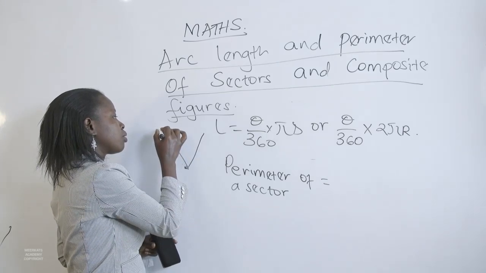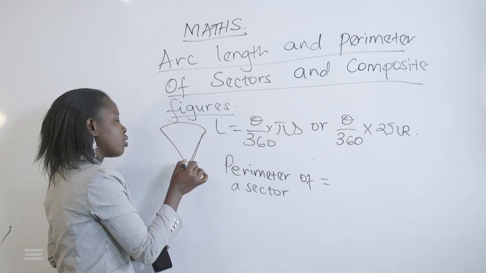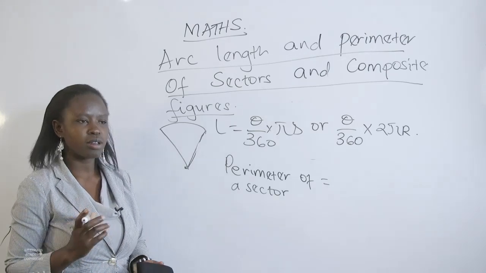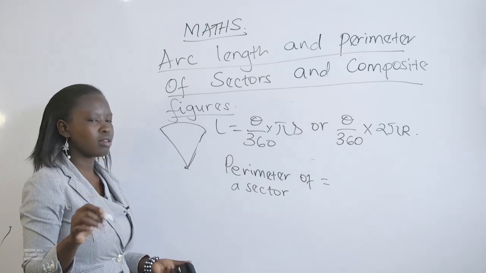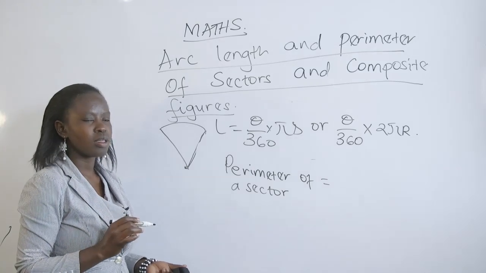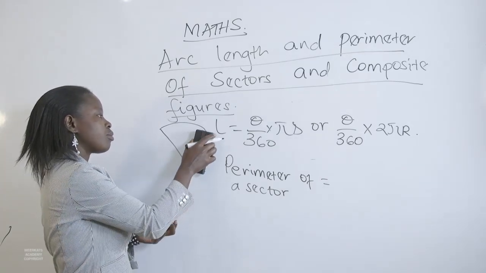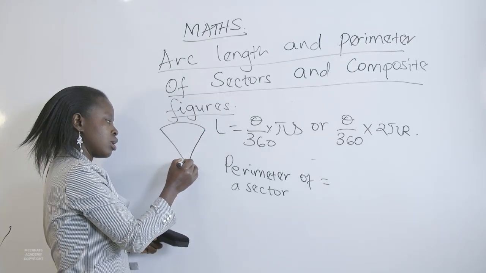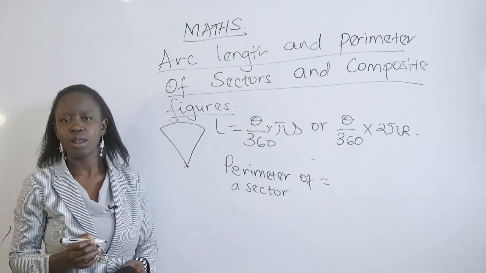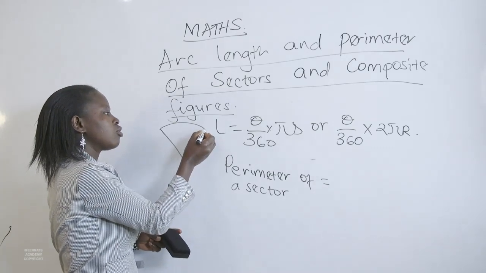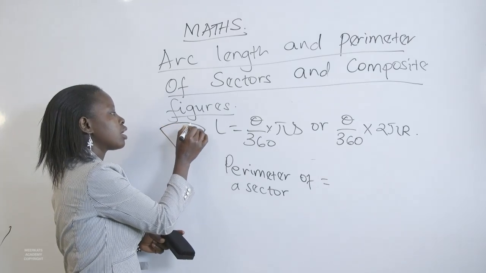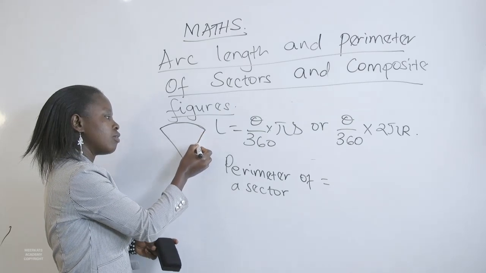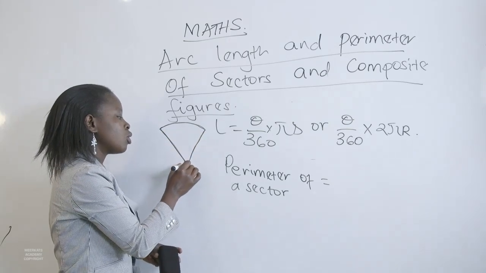We have that sector of a circle, and we need to get the perimeter of that given sector. We simply said that perimeter is the distance round the given figure. So if I'm getting the perimeter of this sector of the circle, it means I need to know the length of this given arc. Then after getting the length of the arc, we shall add the value of the two radii.